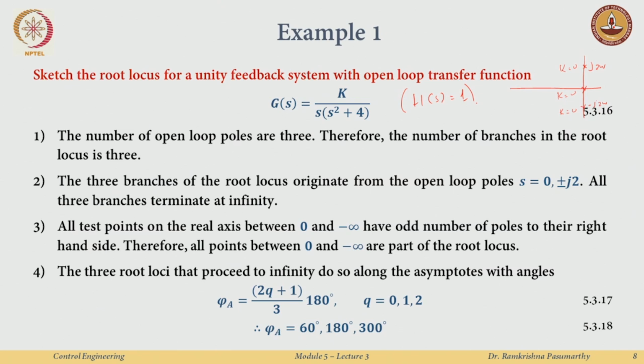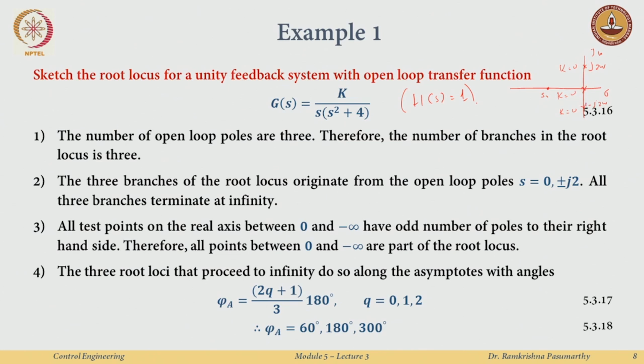Now how do they go to infinity? Rule number 1 told me that it is symmetric, rule number 2 told me that all will go to infinity, and rule number 3 is about a point S0 on the real line. If I am here, I look to my right and see how many poles there are.